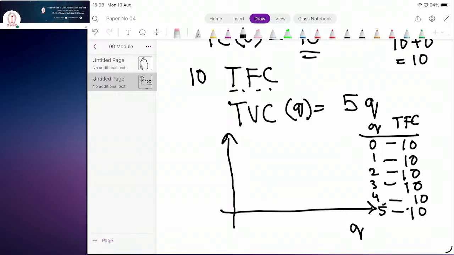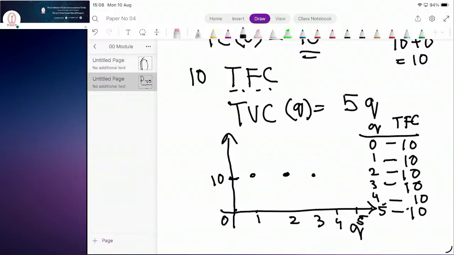Okay, so how do you plot this? 0, 1, 2, 3, 4 and 5. 0 ला किती आहे fixed cost? 10. What is the fixed cost for quantity is equal to 1? It's 10 here. If it is 2, again it is 10. 3, it is 10.